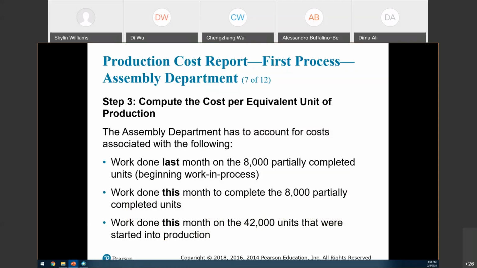The assembly department has to account for costs associated with the following. First, work done last month on the 8,000 partially completed units. Work done this month to complete the 8,000 partially completed units. Work done this month on the 42,000 units that were started into production.